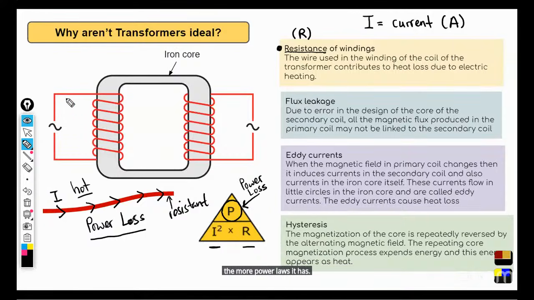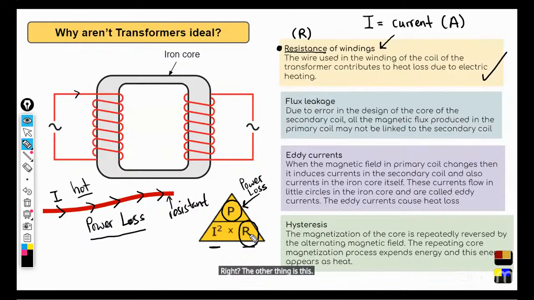So when you're using a transformer, because a transformer is using current, and the wires have a resistance, there will automatically be power loss, which is what the first note is about. There are 4 ways a transformer can lose power, be not efficient. And the first is the resistance of the windings, right? And the other thing is this.